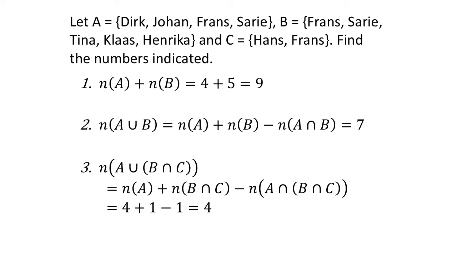That's it. The union rule of counting, keep in mind that the number in A was 4. The number in B was 5. And then how many do they have in common? So A and B both have Franz. And they both have, I'm going to go with Sari. I don't know, that's how I pronounce it.